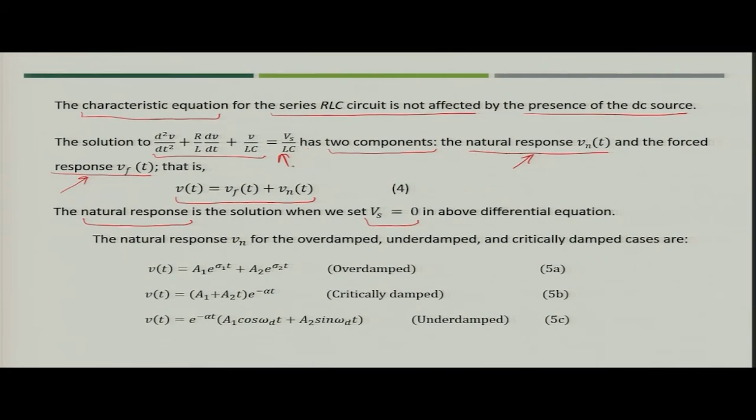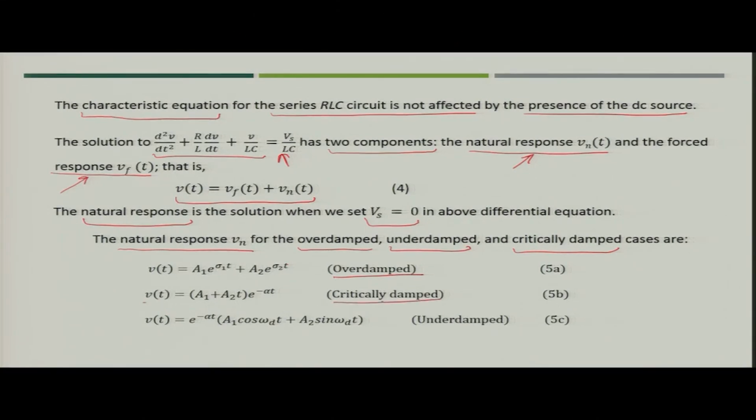So, based on the previous discussion, in case of source free series RLC circuit, we can write simply the natural response of the circuit, and we can also say that there are three conditions which are underdamped, overdamped and critically damped cases. In case of overdamped, v(t) is nothing but A1 e to the power sigma1 t plus A2 e to the power sigma2 t.